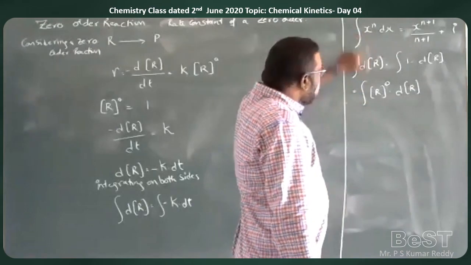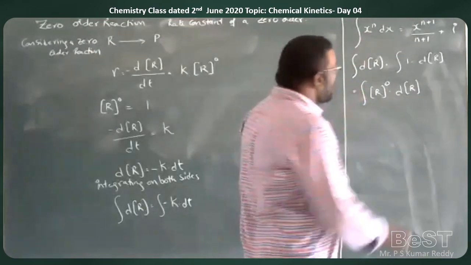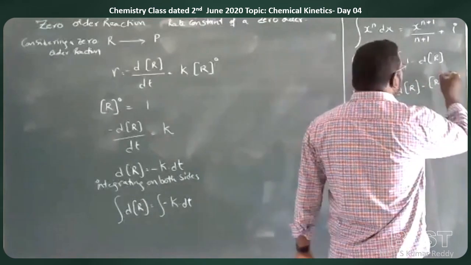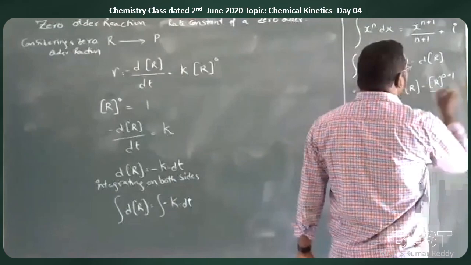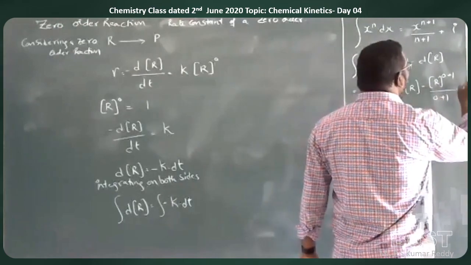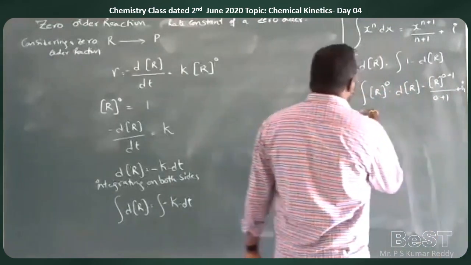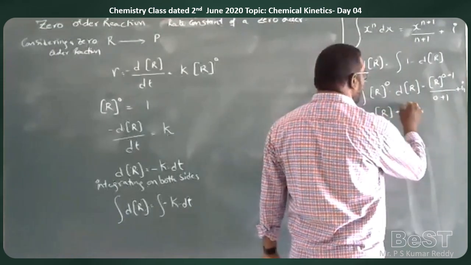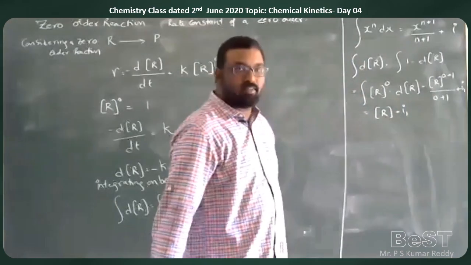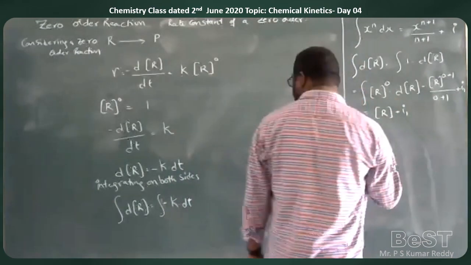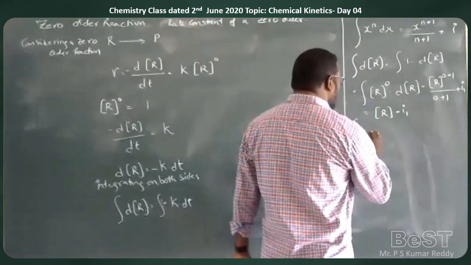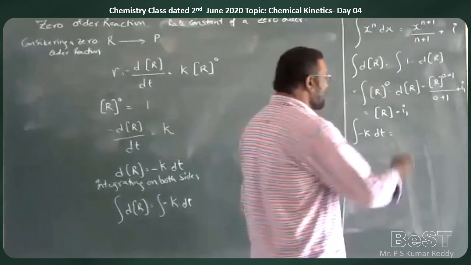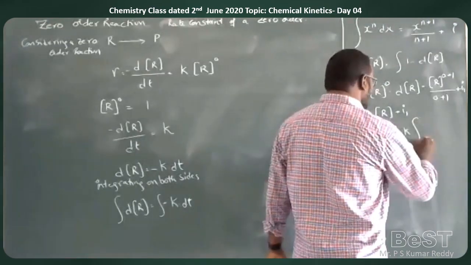So I am applying the formula now, which is equal to r to the power of 0 plus 1 by 0 plus 1 plus I1, which is equal to r plus I1. In the same way, integration of minus K dt. Since minus K is a constant value, minus K integration of dt.